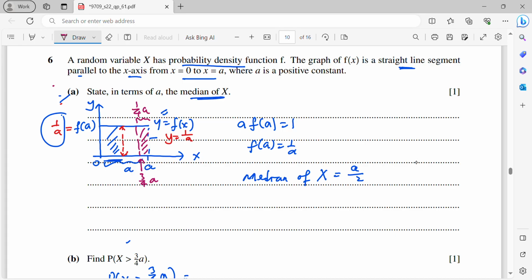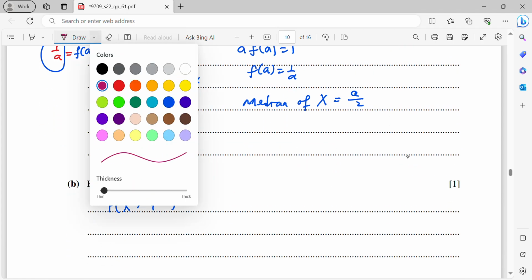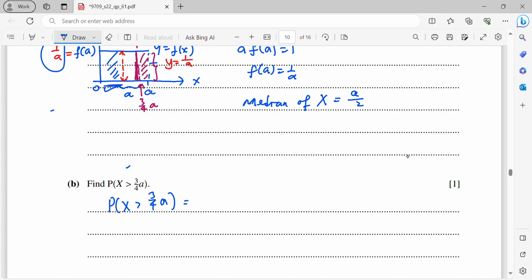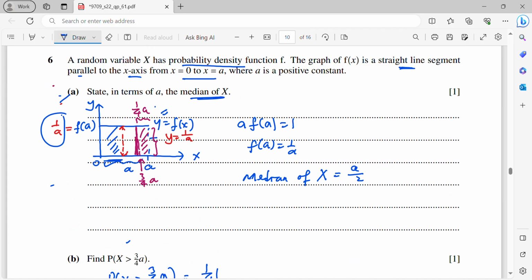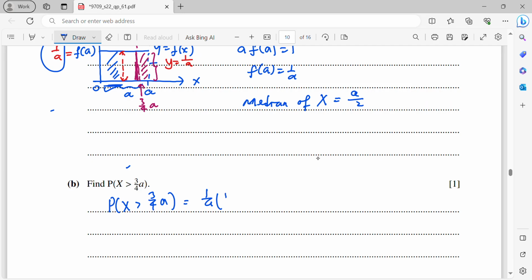Then you multiply with the height. Height is 1 over a. So this is going to be 1 over a times a over 4. That will be the probability. So for information, probability is the same as area under the curve. So at last, I will get 1 over 4. This is my answer.